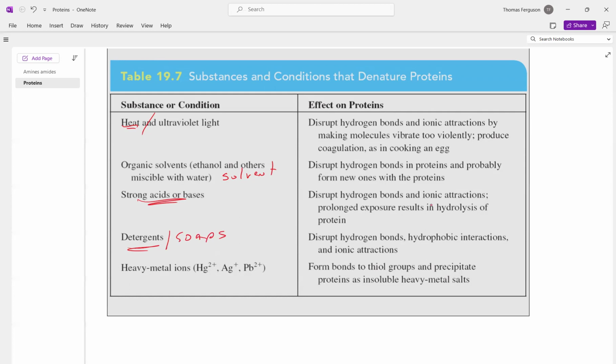Emulsifiers, as you remember, have a polar end and a non-polar end. So what happens is it can get in there and start interacting with the side chains on the amino acid in the protein. And it'll form crosslinks that are not supposed to be there. Hence, it'll change the shape of the protein.